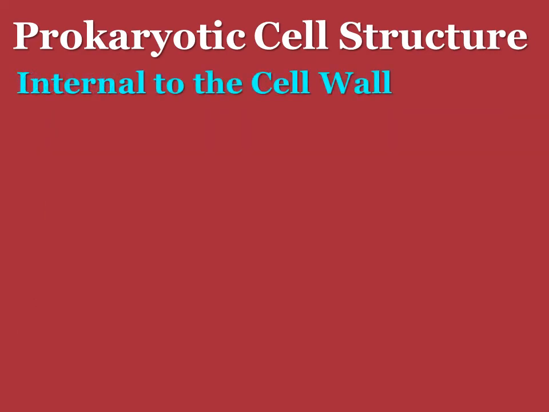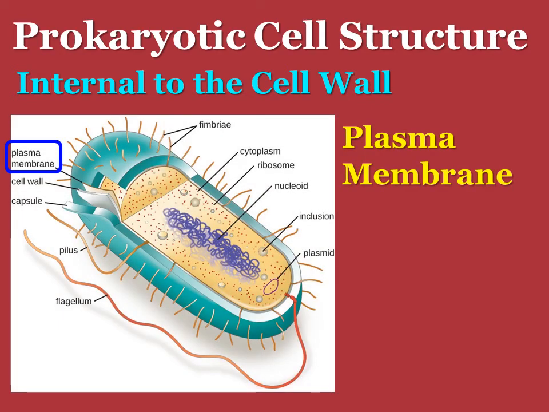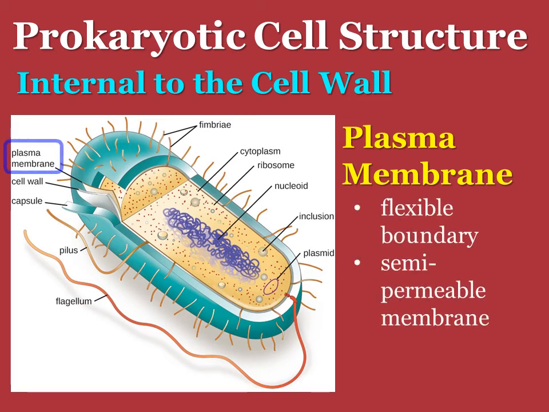The next set of parts are those internal to the cell wall. Homeostasis is essential to the survival of a cell. One of the structures that is primarily responsible for homeostasis is the plasma membrane. The plasma membrane is a thin, flexible boundary between a cell and its environment that allows nutrients into the cell and allows waste and other products to leave the cell.